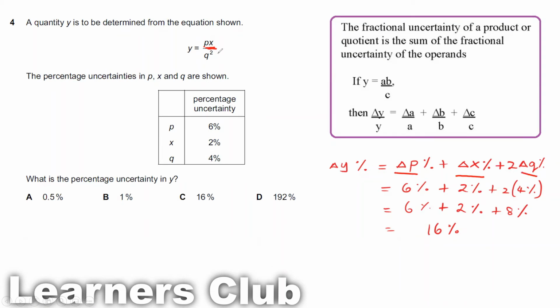But you can see there is a 2. 2 stands for the power. The power should be multiplied with the percentage uncertainty. So that's why I have multiplied 2 here. Del P% stands for 6. Del X% stands for 2. Plus 2 into del Q% stands for 4. When you simplify, we get 16%. As you can see, the answer is C.